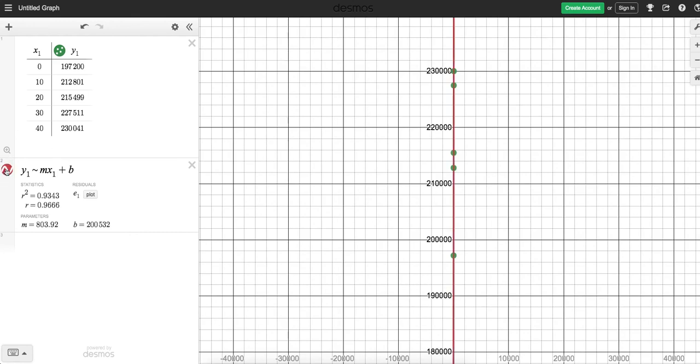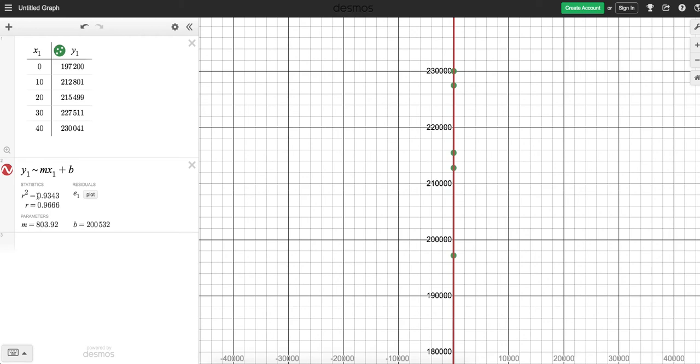Here's our least squares regression line. It does a pretty good job at lining up all the data points. They're not all perfectly in line because the difference in y values isn't always the same. But we have R as 0.9666, which indicates a very strong positive correlation. So as our year goes up, our population goes up as well.